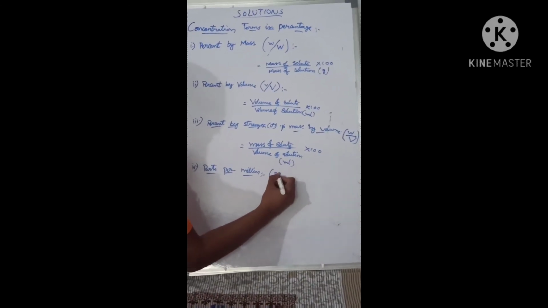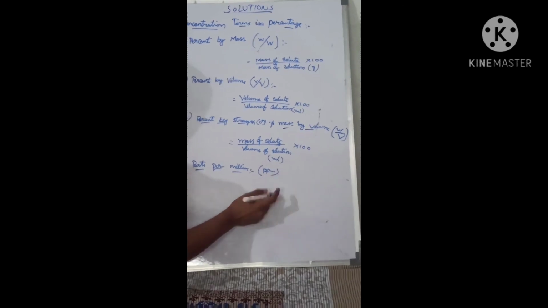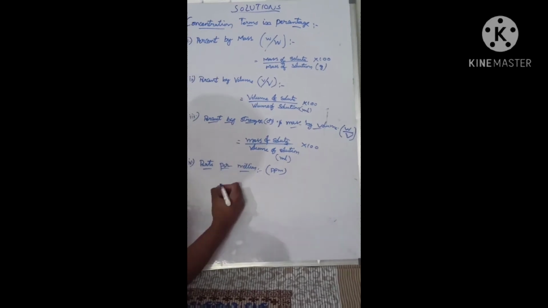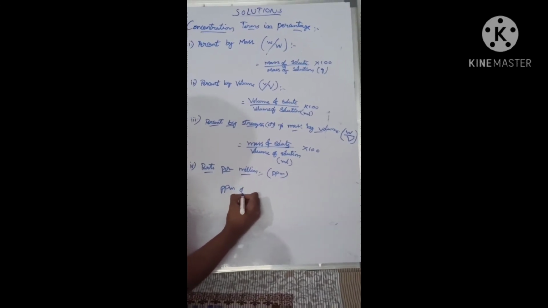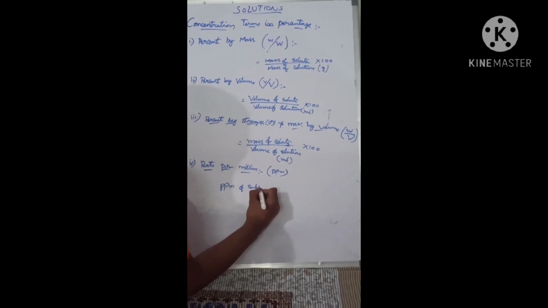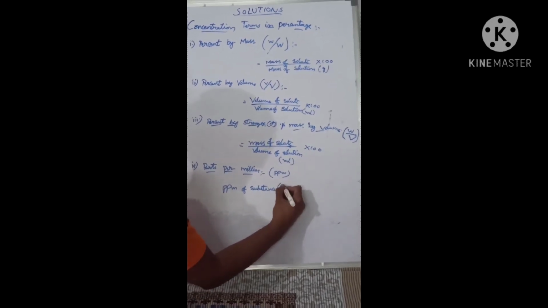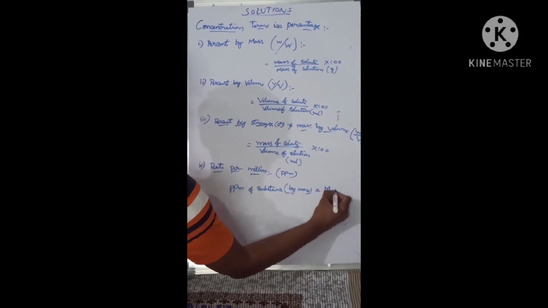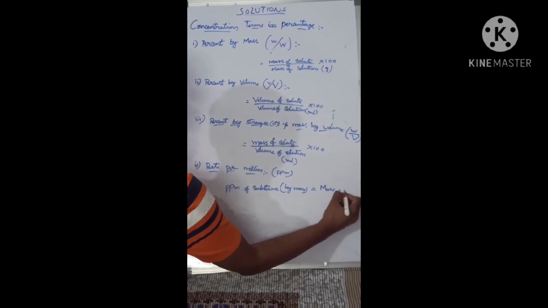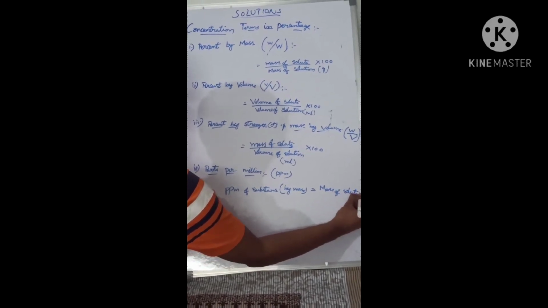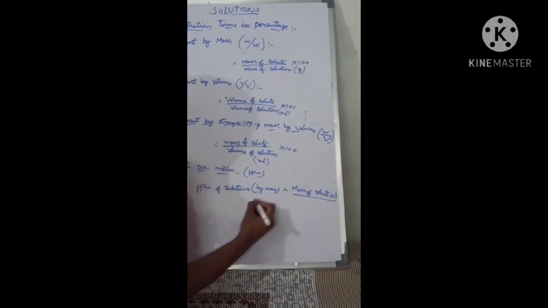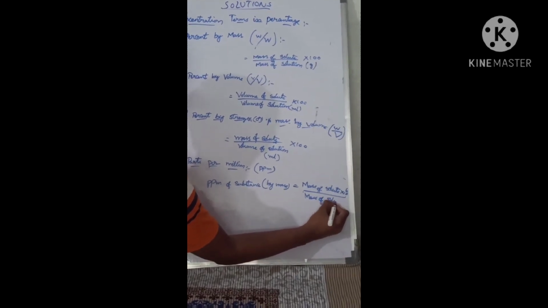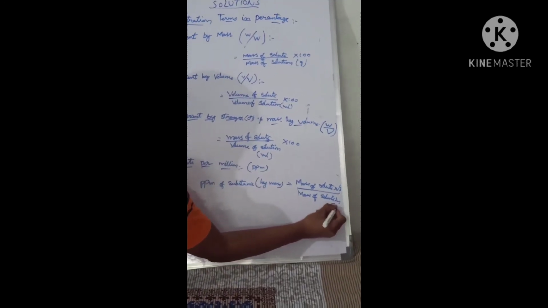It is denoted by small ppm. ppm of a substance by mass is equal to mass of solute into 10 power 6 divided by mass of solution in grams.